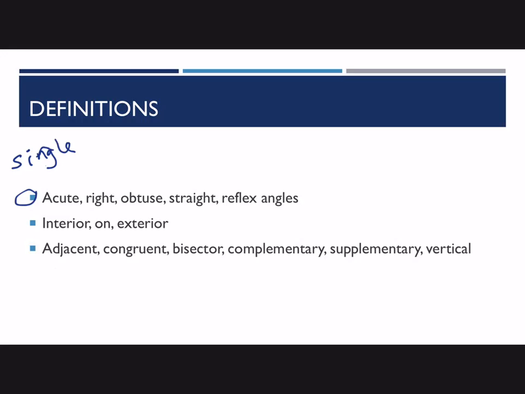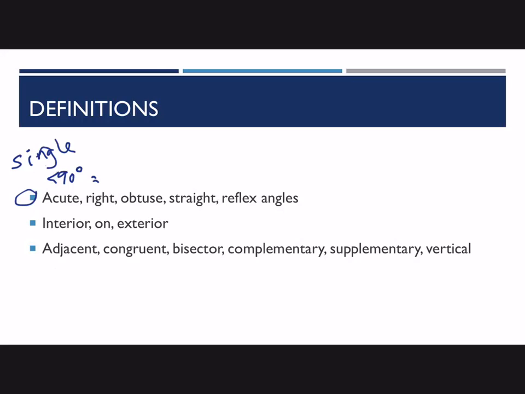So acute angles, and again, remember we're talking about positive numbers, a unique positive number. So we don't really talk about 0-degree angles or angles less than 0 degrees. Acute angles are ones whose measure is less than 90, and I don't need to specify greater than 0 because that's already implied in the definition of the measure of an angle.